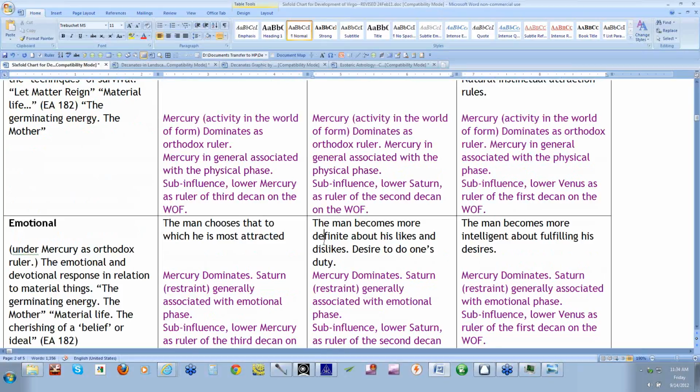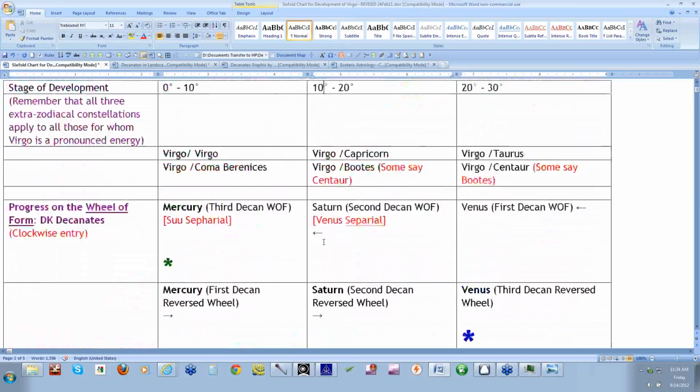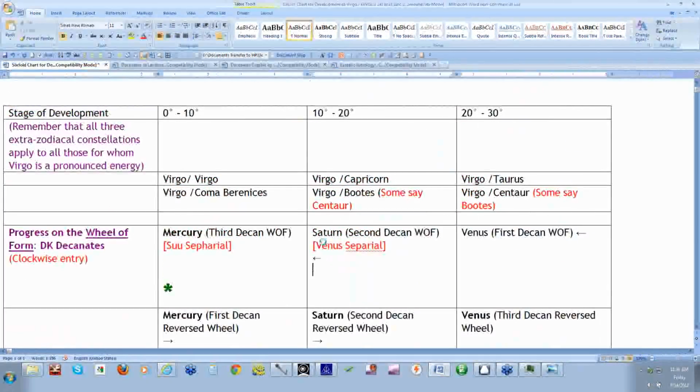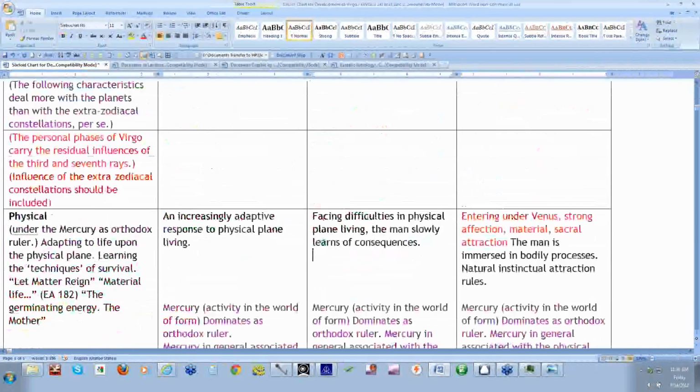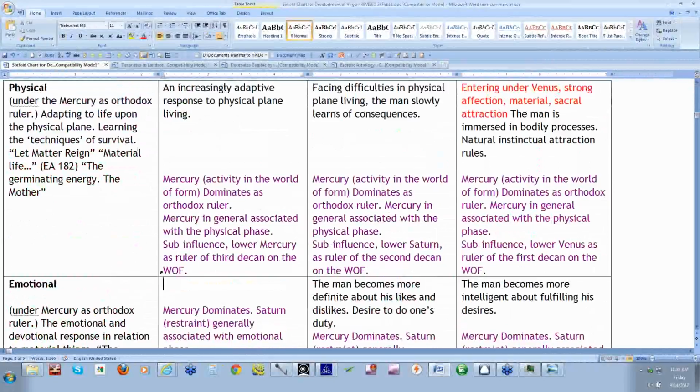So this is the way it should be. It should be Venus, Saturn, Mercury. That is the way it should be. So I'm just going to reverse these decanates, and I think this is the easiest way to do it. Then everything will be correct. Don't know how I fell into the wrong pattern here.